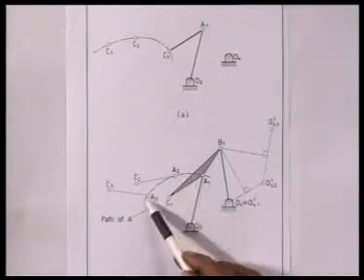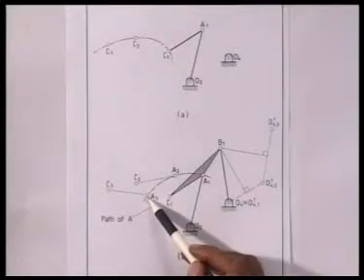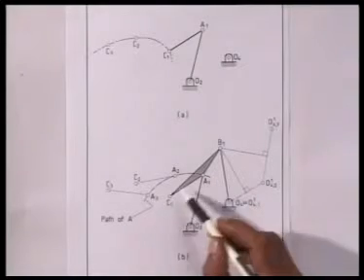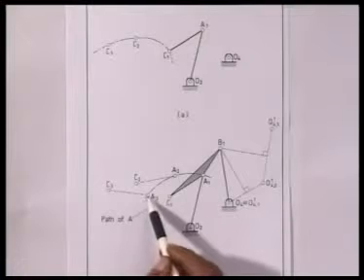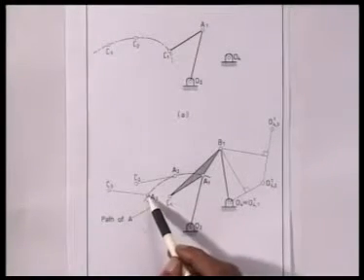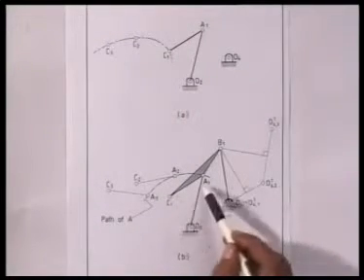So I draw this circle and I can find out where A2 and A3 are because C1, C2, C3 is given to us. So C1A1 is same as C2A2 and also equal to C3A3.